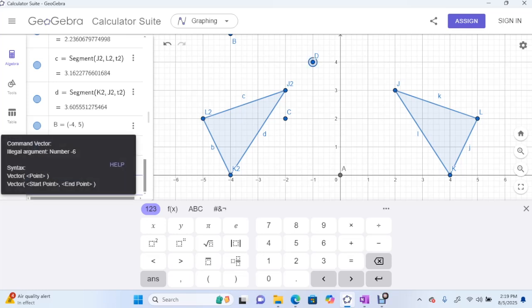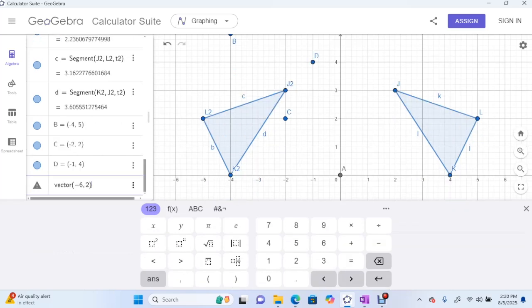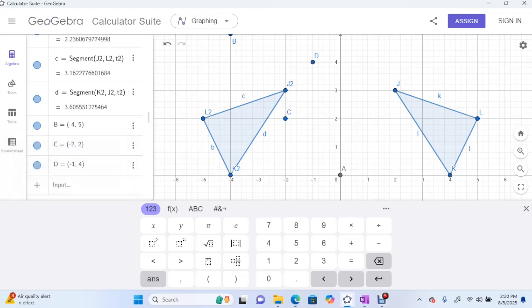Okay, so it's saying it will not take negative number as a vector. So all I have to do is take this off, and then I can define the vector over here.